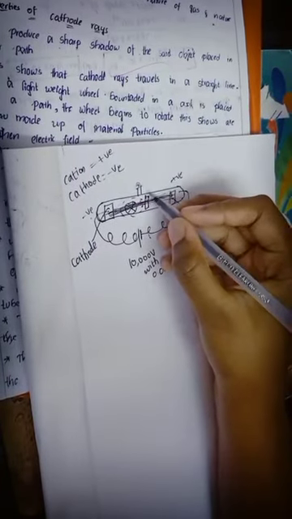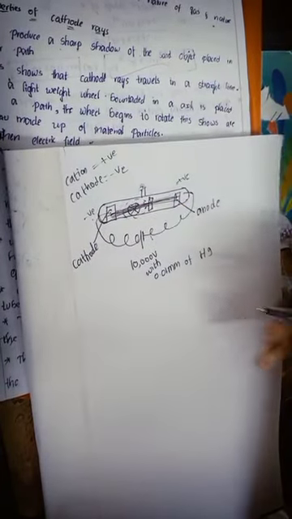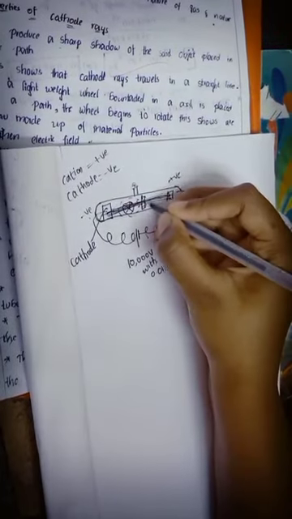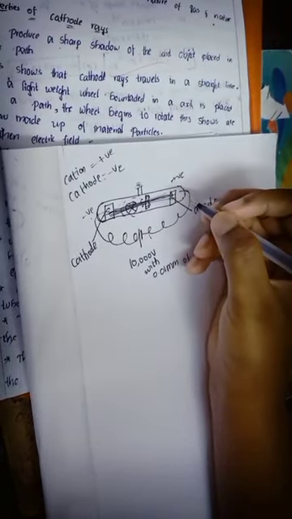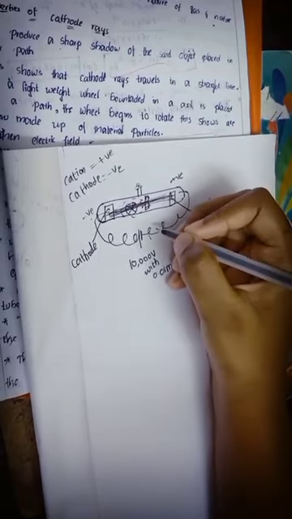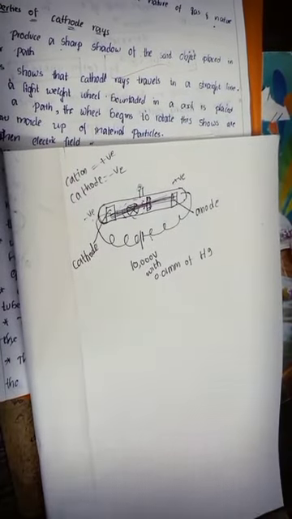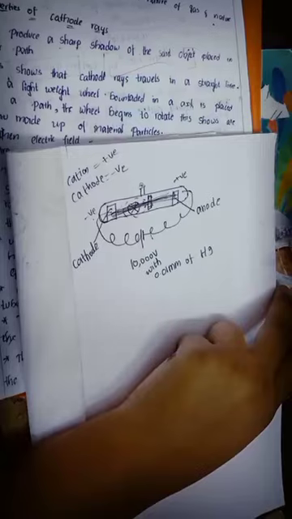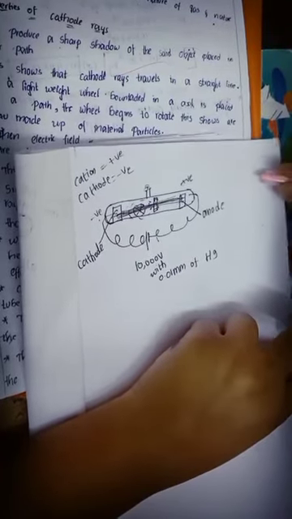Cathode rays are touching the metal foil. If you take the metal foil and touch it, you feel the heat. That means cathode rays produce heating effect.